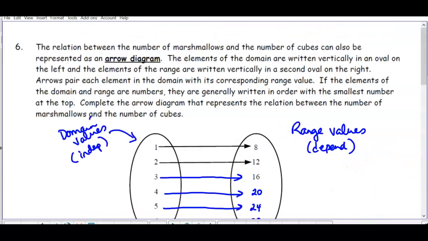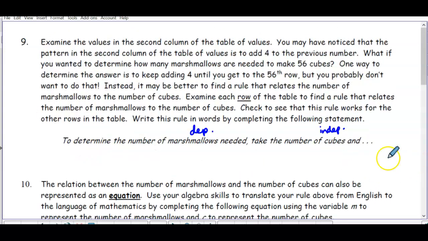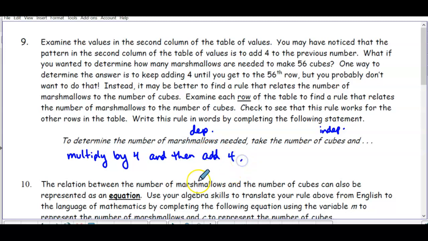Okay, so our rule then, take the number of cubes and multiply by 4, and then add 4. Okay, so we don't add 4 first and then multiply that result. We need to multiply by 4 first and then add 4.